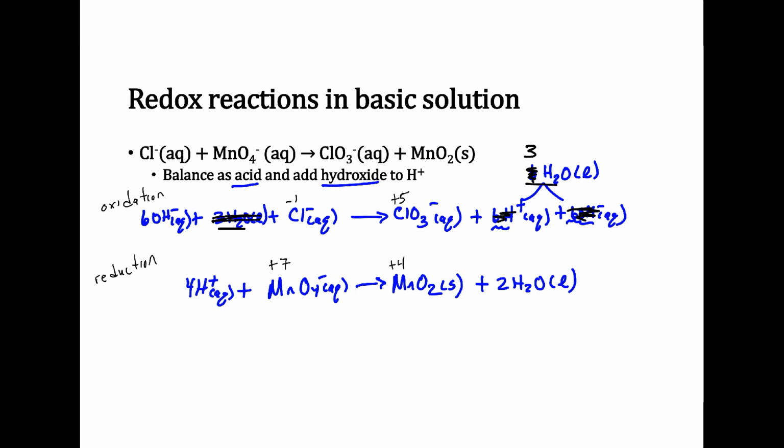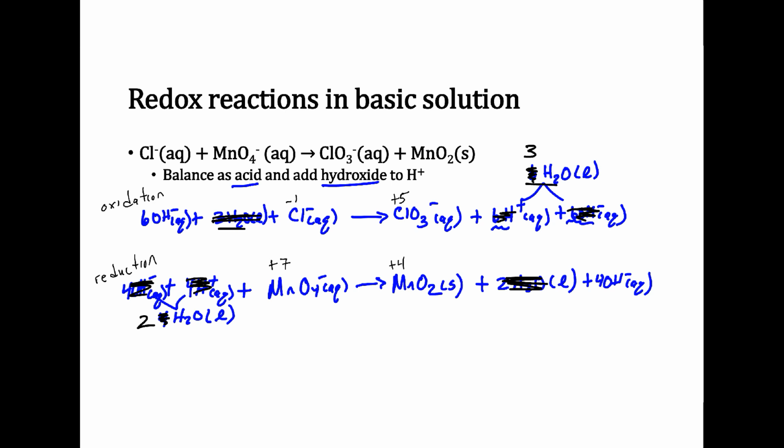But since it's in a basic solution, we'll add 4 hydroxides to both sides. And over here, the 4OH- and 4H+ combine to form 4H2O. So we can simplify this because the 4H2O will cancel out these 2 H2Os, and we'll be left with 2 over here.